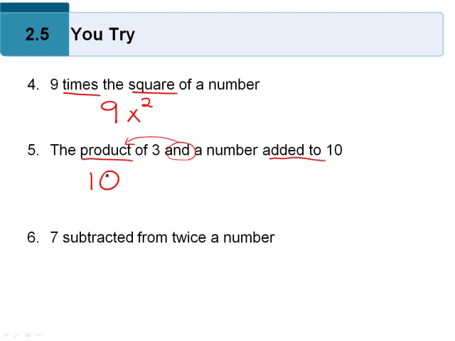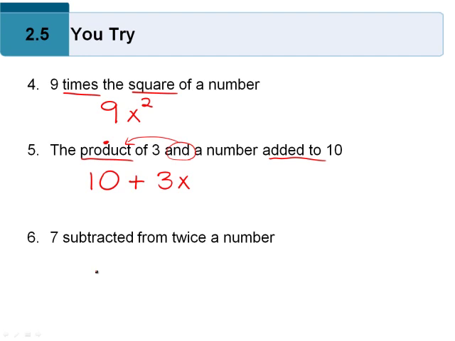That's what's weird, okay? So you have to really be careful and break it down. So we're kind of starting with the end here because it's added to 10. We're going to start with 10, okay? And so it's being added to that. So we have 10 plus, and what we're adding to it is the product of 3 and a number. Well, remember product is multiplication. So we're going to have 3 times a number. So 3x. Okay, that one's kind of tricky, so be really careful on that one.